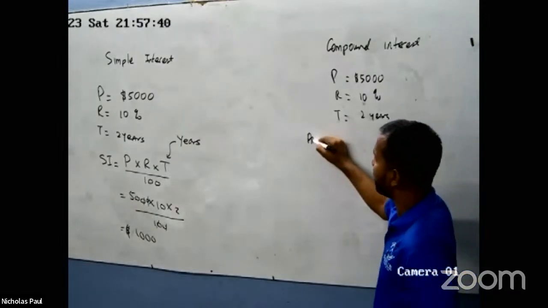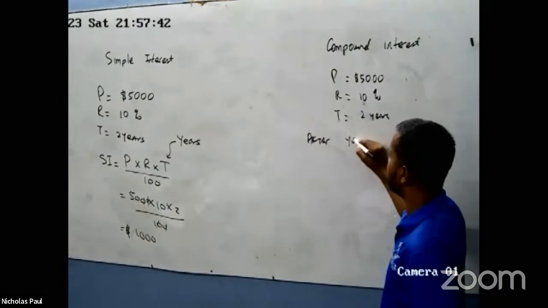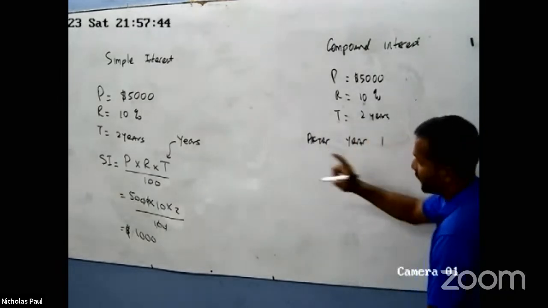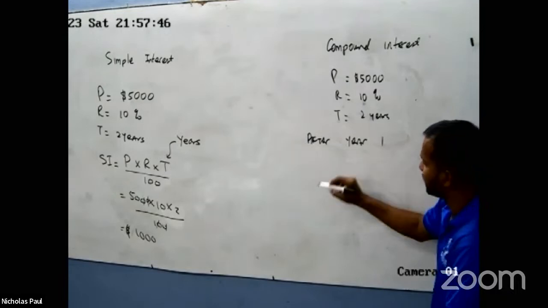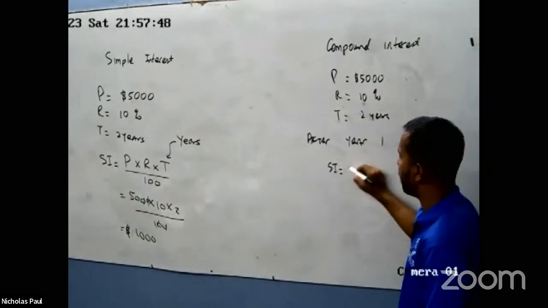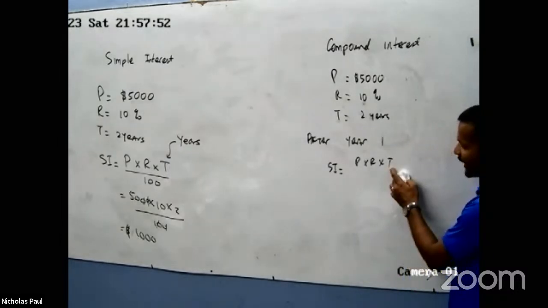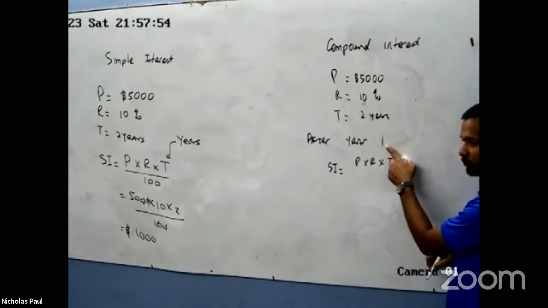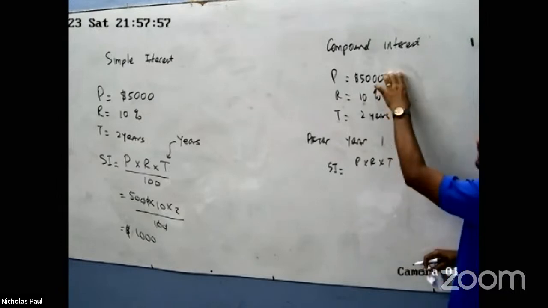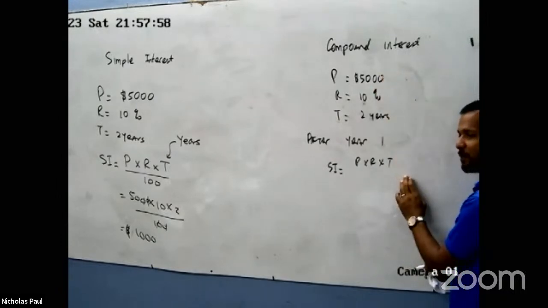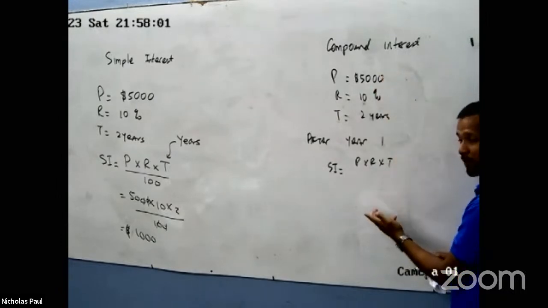So we check in after 1 year. After year 1, same formula we use for simple interest. So we're using the simple interest formula, principal by rate by time. But this time is just 1 year. Okay, so if you put this money in January, we're trying to see by the next January how much we have.